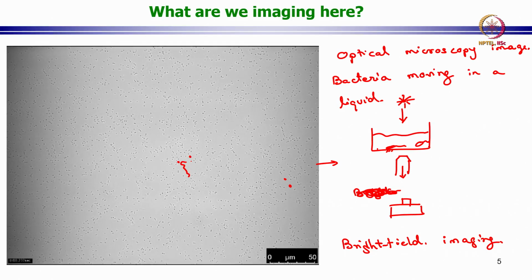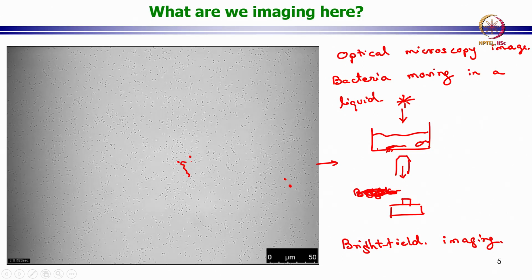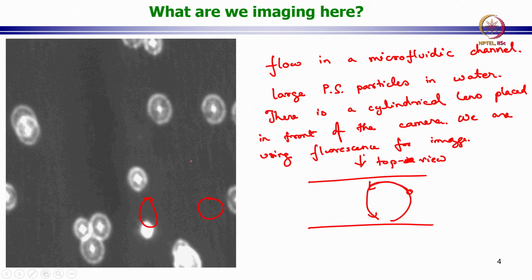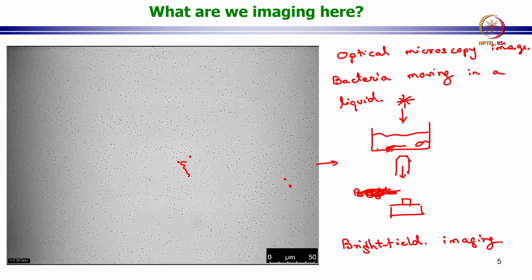Right. So this is a very different type of image from the previous cases, although the previous case also utilized a very similar type of optical microscope. These all come from very similar experimental setups, but in the previous case fluorescence was being used, and in this case it was not, and that leads to very different types of images.